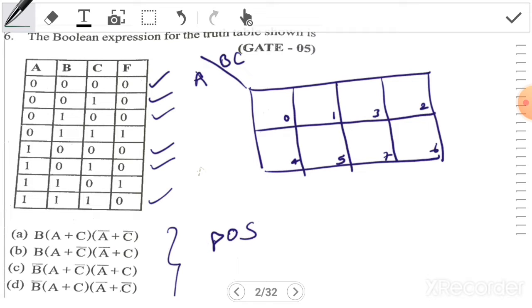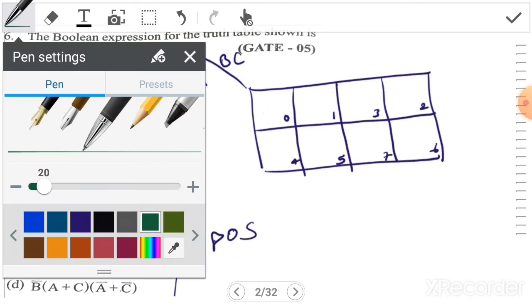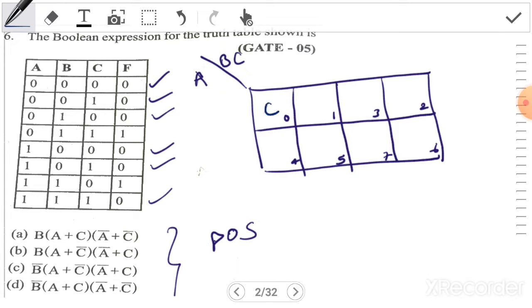Okay, so here it is 0 and 0, 2, then 4, 5 and 7.